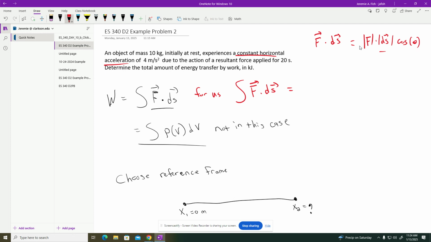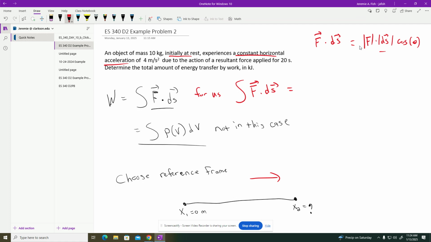The object starts off initially at rest, and the only way for it to then move is by this force. So the force must be in the same direction, rather than 180 degrees in the opposite direction, right? Which would then give us a -1 for the cosine.